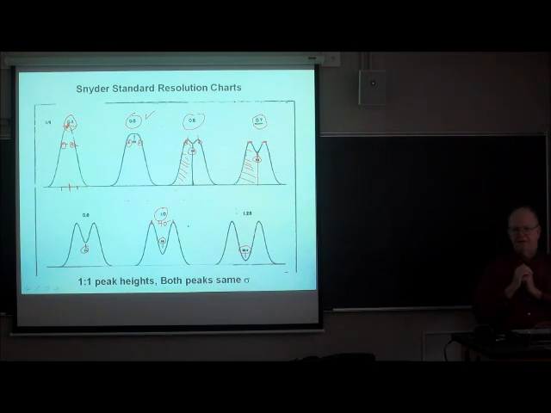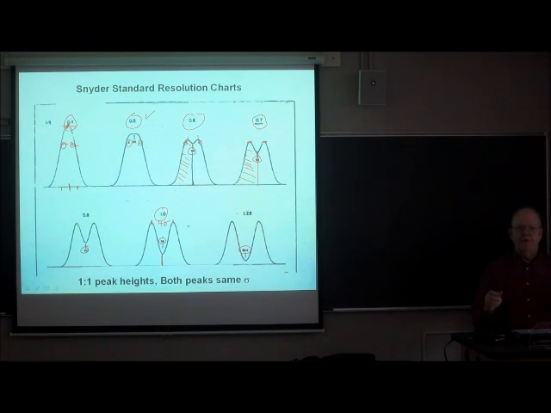But clearly, we're not making it all the way to the baseline. So resolution of 1 is not really baseline resolution.